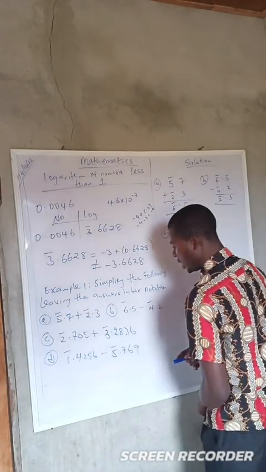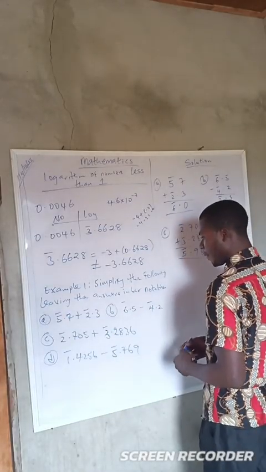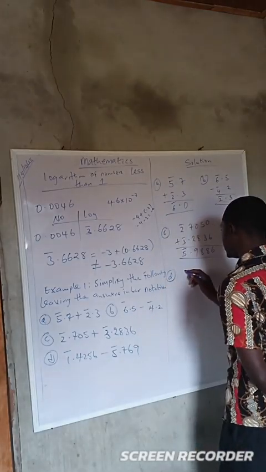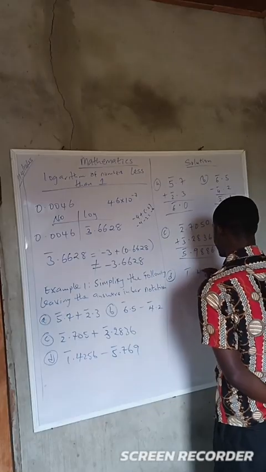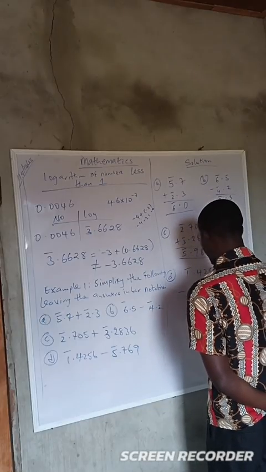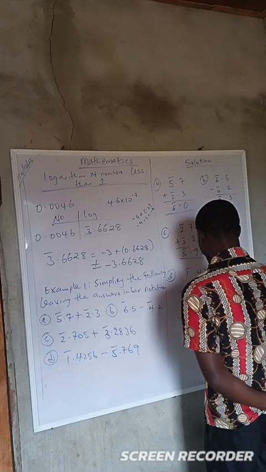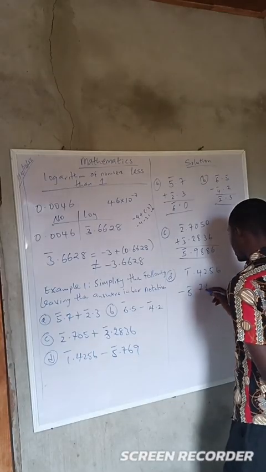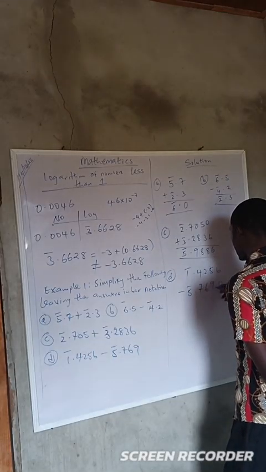You have bar 1.4256 minus bar 5.769. You know you are including 0 on your own here.